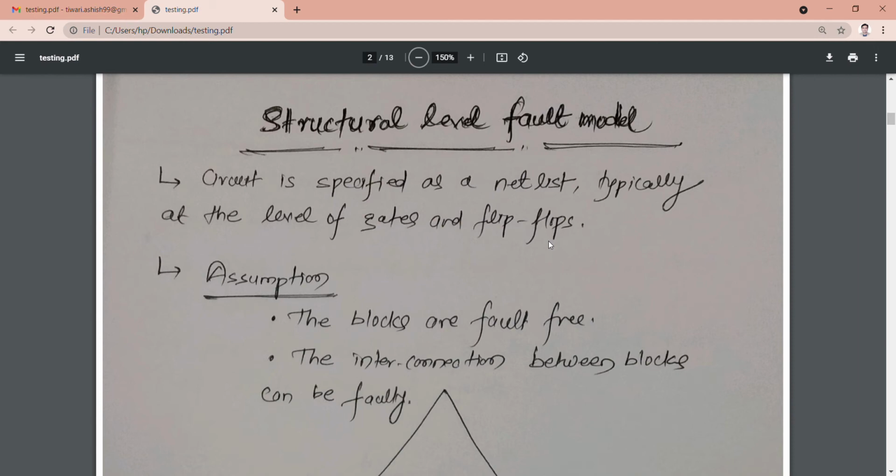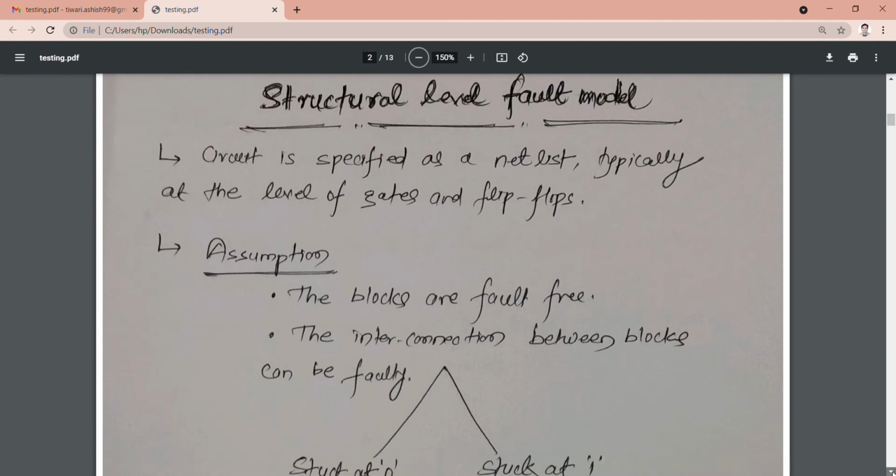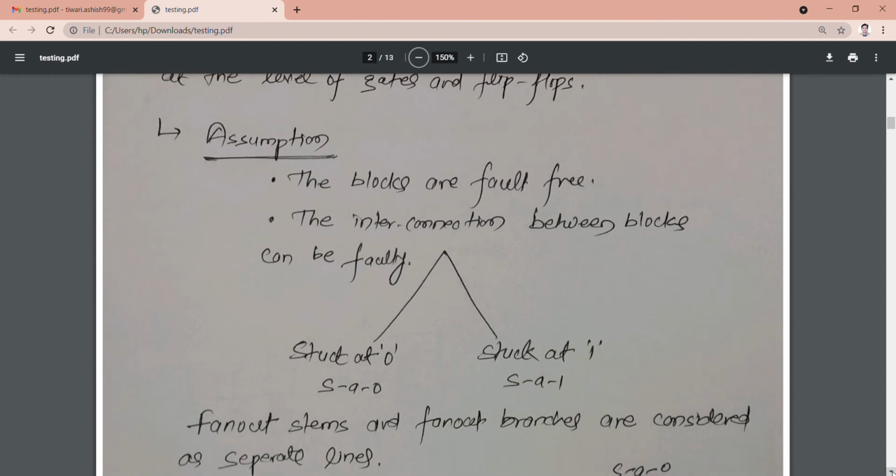I am talking about multiplexer, adder, subtractor individually. If I take the structural level fault model, then I go inside that particular adder or multiplexer, and I see whether there is a fault in the structure of that block.